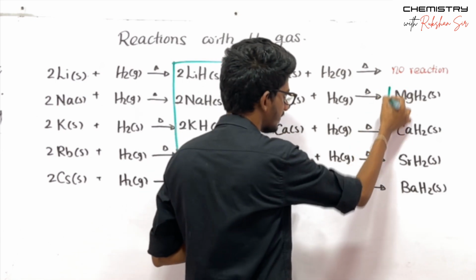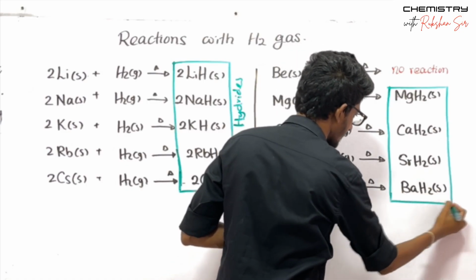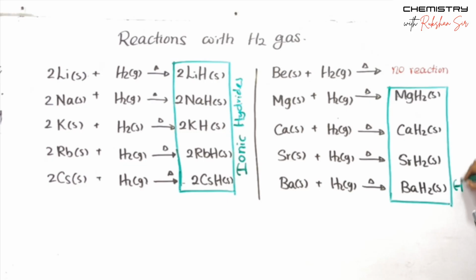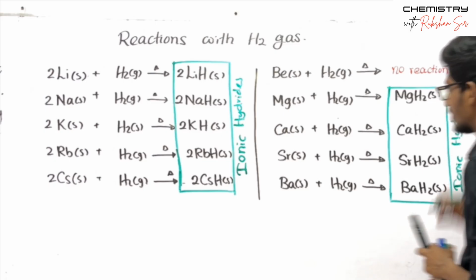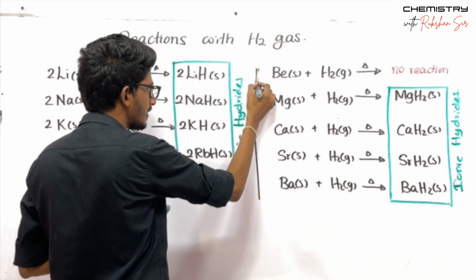Other than beryllium, the s block hydrides are referred to as ionic hydrides. Considering these as ionic hydrides is kind of a special thing.